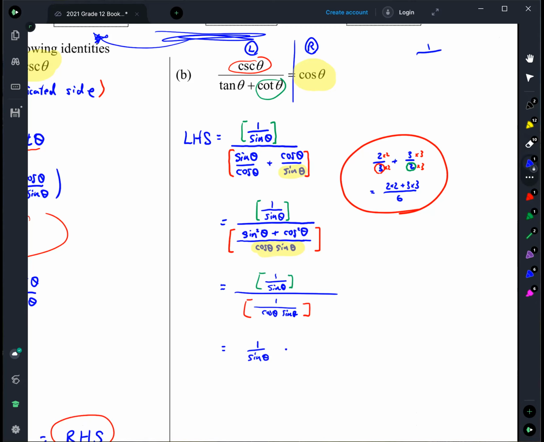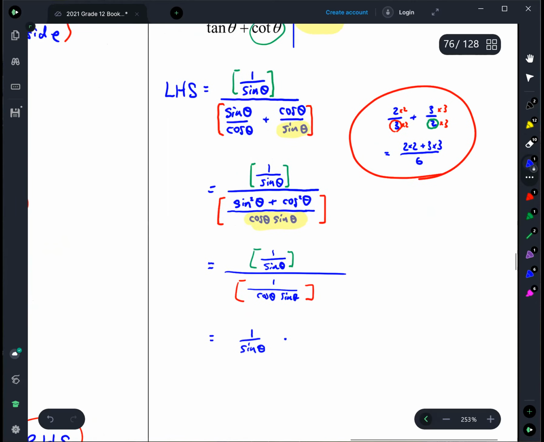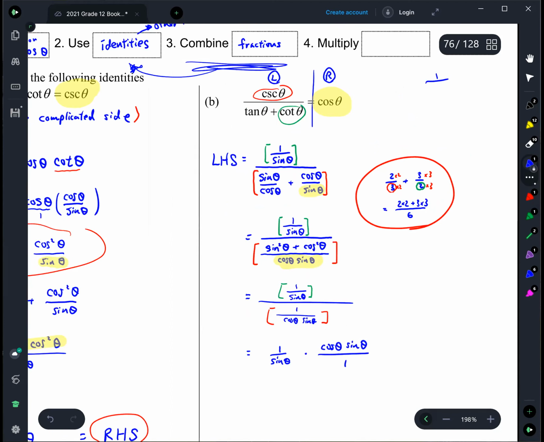Times cosine over cosine and sine over 1. Yes, very good. Okay, so the green bracket is a fraction, divided by the red fraction. So when you divide by a fraction, you need to flip the second one.